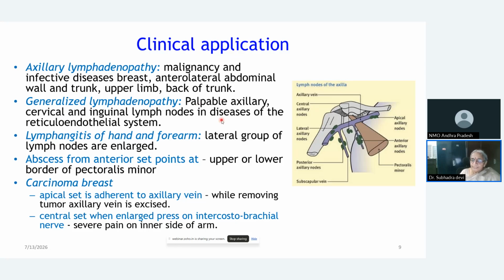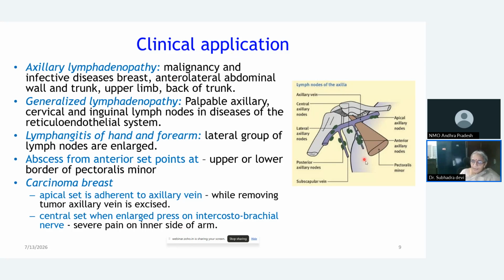So generalized lymphadenopathy of the reticuloendothelial system along with cervical, you will be seeing this. Inguinal, all will be enlarged, and if there is lymphangitis of hand and forearm, the lateral group will be affected.